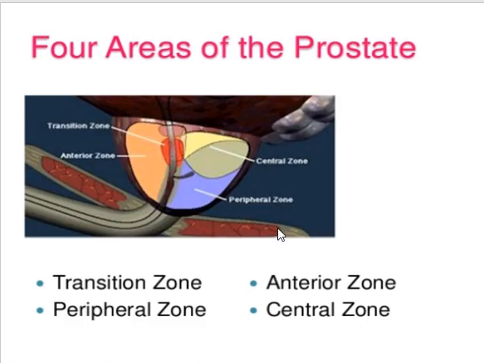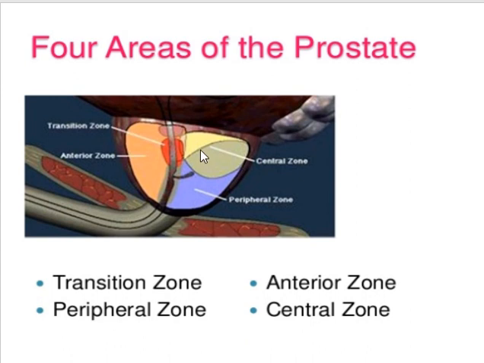Okay, to move further, there are mainly 4 areas of the prostate gland. There is a transition zone which is exactly near the urethra. See, this is the urethra, this is your prostate gland. Here is the transition zone. This area of the prostate is called the anterior zone.